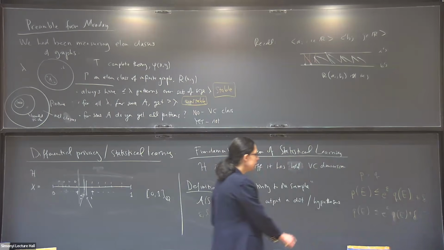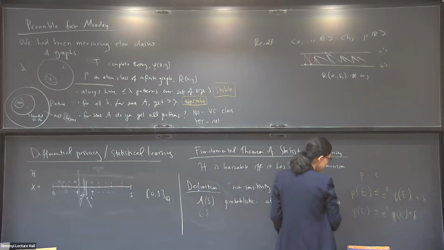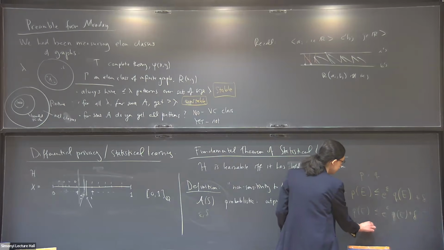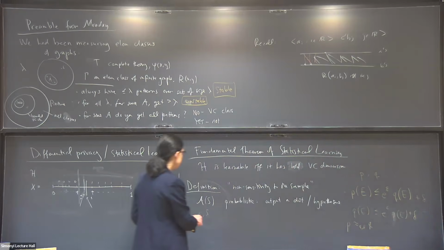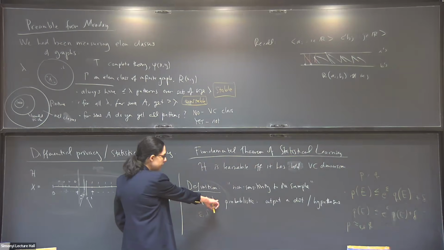All right, so if this happens for any measurable set, then P and Q are epsilon-delta equivalent.